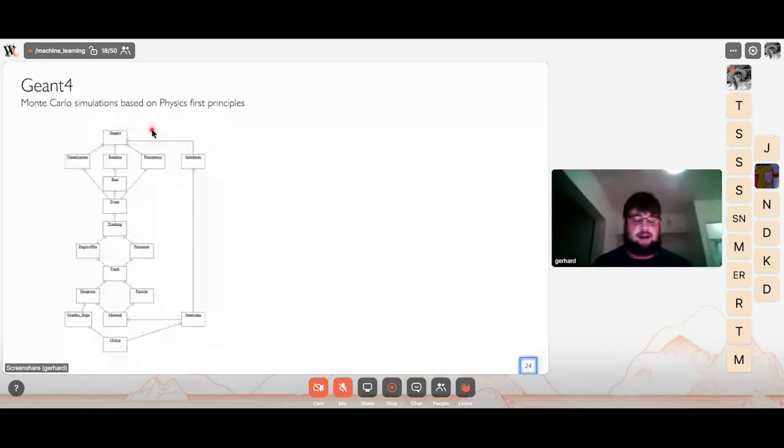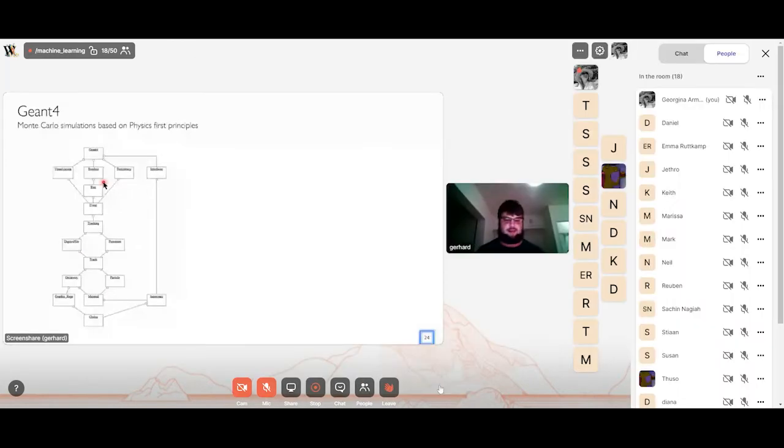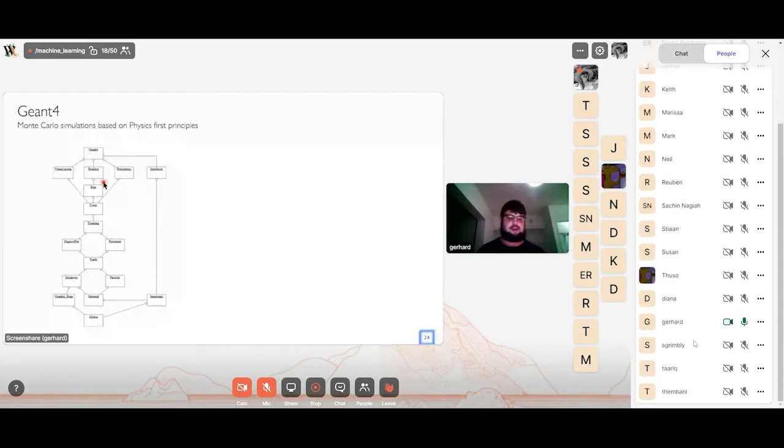So what's currently used for simulation is GEANT. As I mentioned, it's the C++ software infrastructure that is involved in simulating data, and it's based on Monte Carlo principles. It's a huge set of software, so it simulates everything that happens during an actual LHC run.